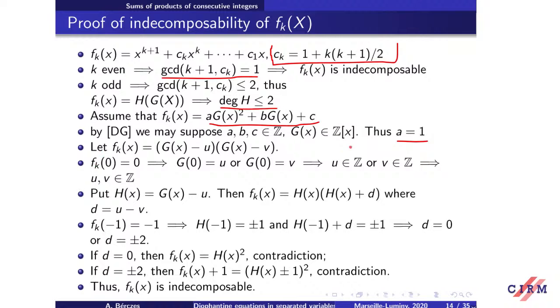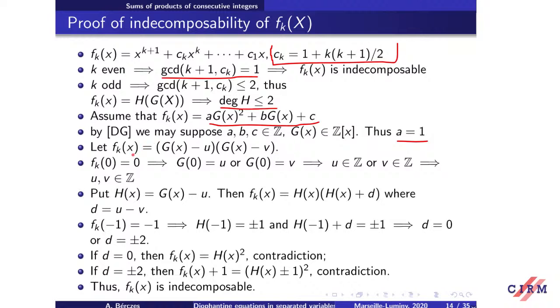This means that if u and v are the roots of the quadratic polynomial h, now x squared plus bx plus c, then fk of x can be written as g of x minus u times g of x minus v.